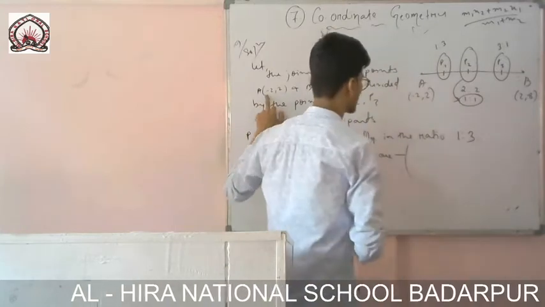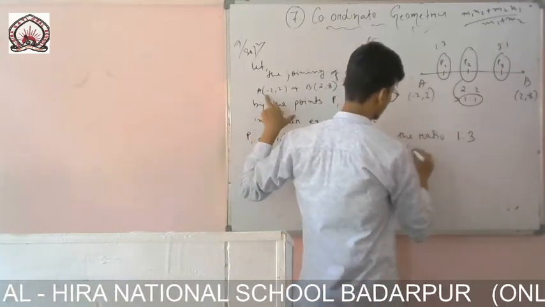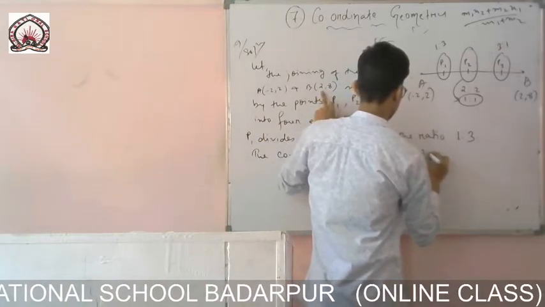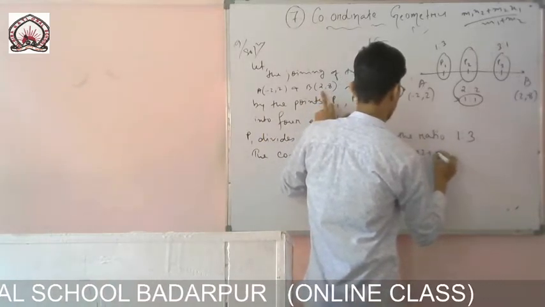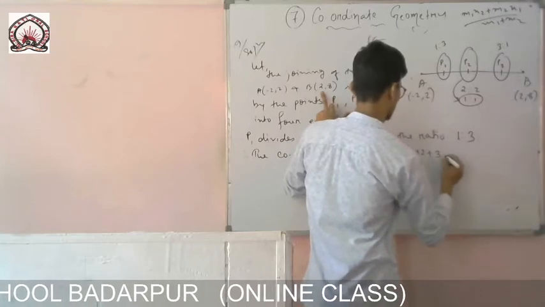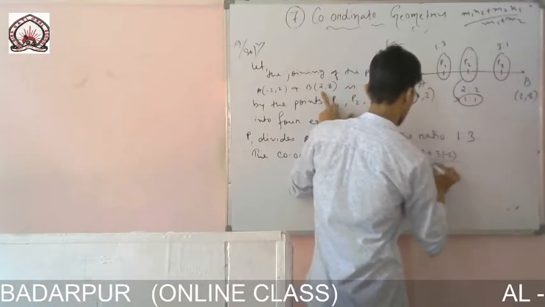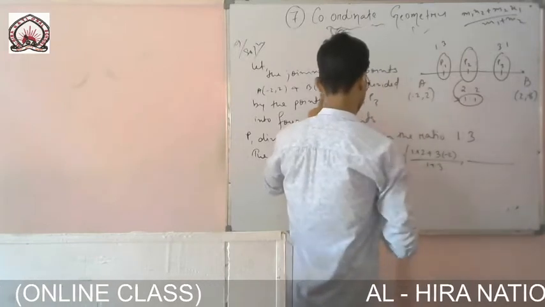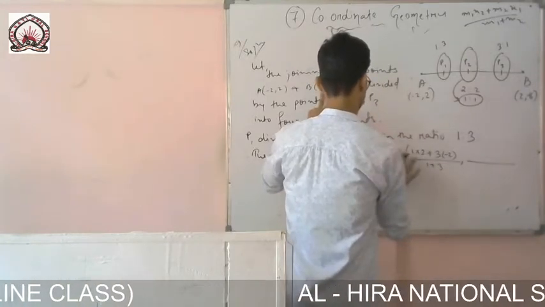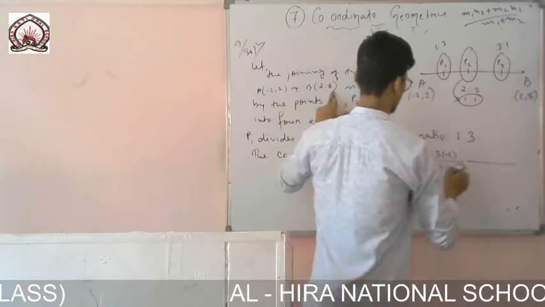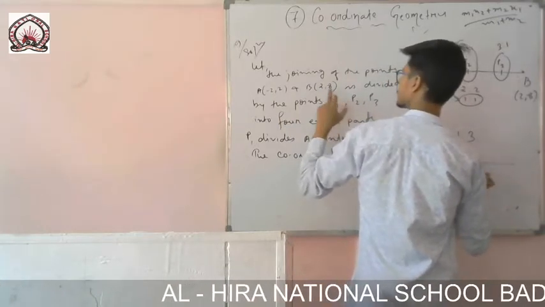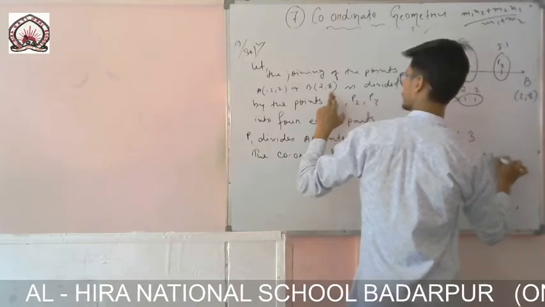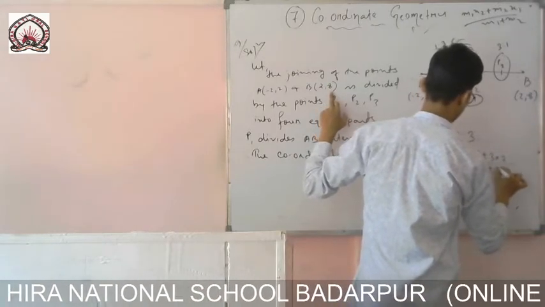Therefore the coordinates of P will be m1 into x2 plus m2 into x1, that is minus 2, by 1 plus 3, and there it will be again m1 into 8 plus m2 into 2 by 1 plus 3.